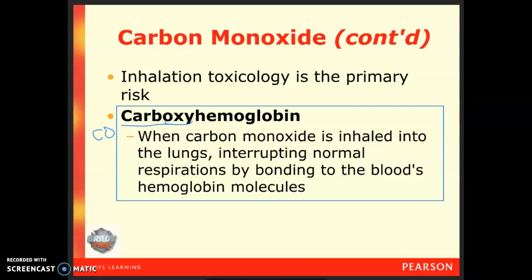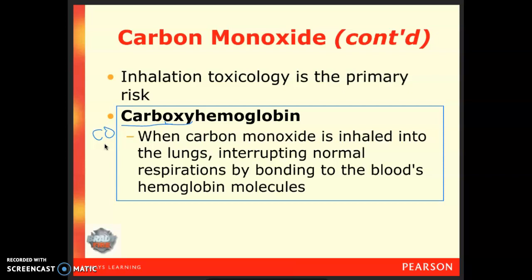So the oxygen molecule attaches to hemoglobin in the lungs and in the blood vessels that are attached to the lungs. It's transported throughout the entire body. It gets to where it needs to go. It hops off. The difference with carbon monoxide is that it attaches to the hemoglobin and it doesn't let go. And so it becomes very difficult for the oxygen to attach if the carbon monoxide is already there.